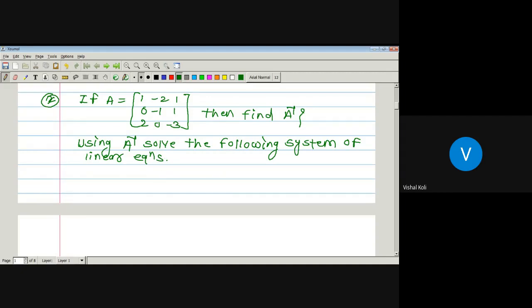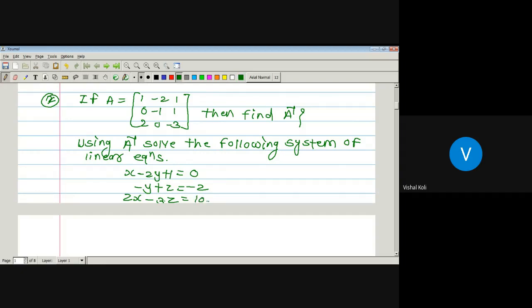What are those? They are x minus 2y plus z is equal to 0, minus y plus z is equal to minus 2, and 2x minus 3z is equal to 10.